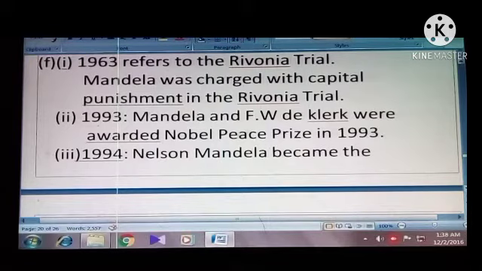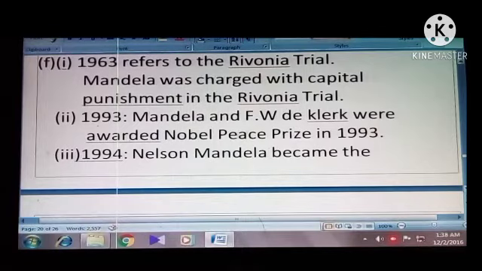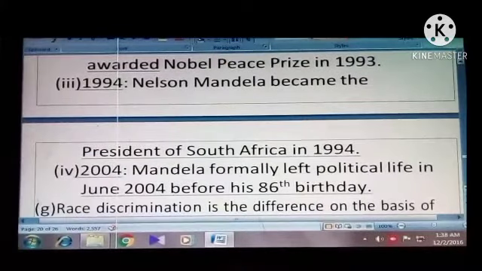Number 2, 1993: we know that Mandela and F.W. de Klerk were awarded the Nobel Peace Prize in 1993. Or we can write that 1993 refers to Mandela and F.W. de Klerk's being awarded the Nobel Peace Prize. Number 3, 1994: Nelson Mandela became the president of South Africa in 1994.